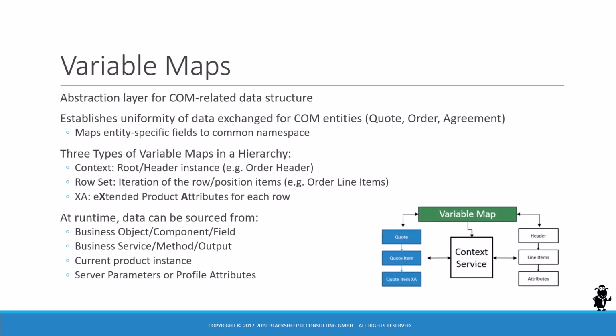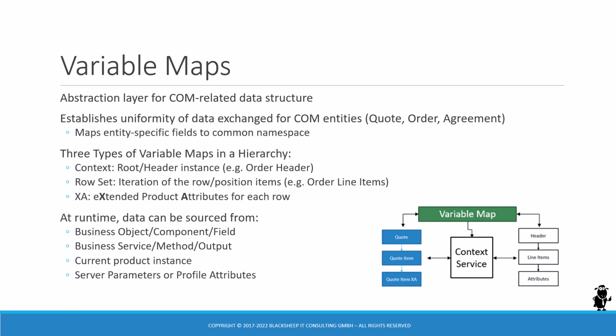And we have mentioned variable maps as a new way in Siebel to map information from one side to the other. So think for a moment of the implications that stem from these different documents that we mentioned: quote, order, agreement. While they are very similar in the overall appearance, a quote, for example, has a number, it has an account ID referencing the account the quote is created for, it references a price list, it has some other header information, and of course it has line items.